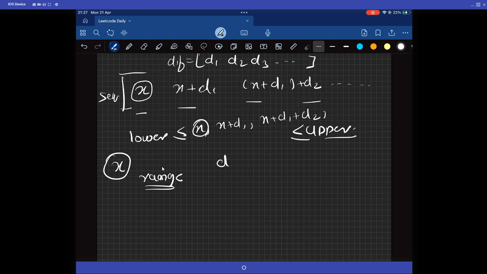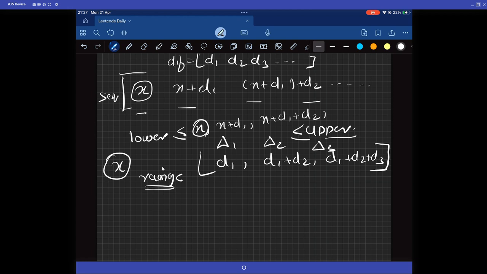We are adding d1, then d1 plus d2, then d1 plus d2 plus d3. So these are delta 1, delta 2, delta 3, which we add to x.